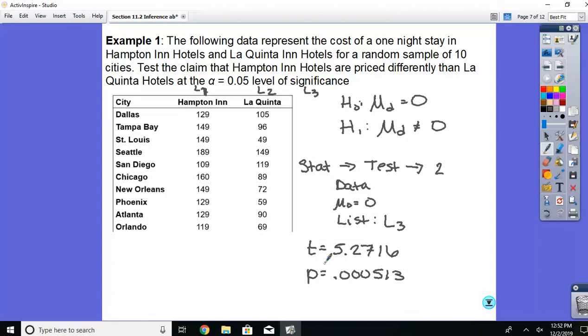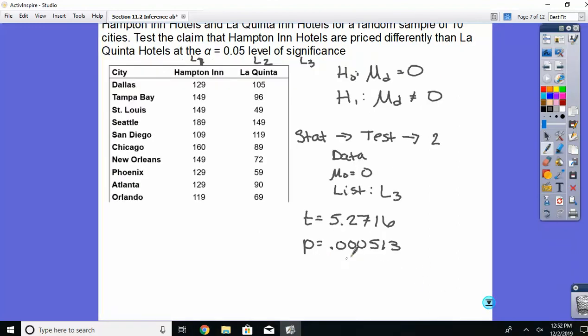So if we are just sticking with the p-value approach like we're doing right here, how do we know if we reject or not? Is it less than or greater than 0.05? Right, if your p-value, I should really put this label up here, is less than your alpha, then you reject.